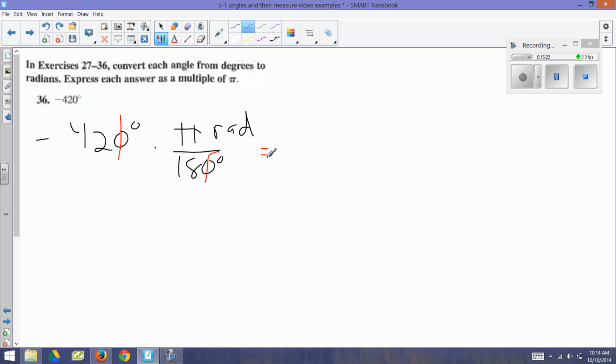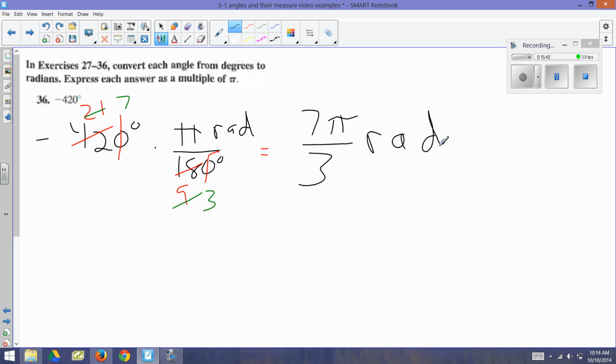Let's see what goes into both of those. 2 does, but a bigger number than 2 goes into them too, but I'll do 2 for now. 2 goes into that 21, 2 goes into that 9, and 3 goes into each of them, 3 and 7, and there it reduces. So I have negative 7 pi over 3 radians. I could have done 6 right away, and I would have gotten the same answer.